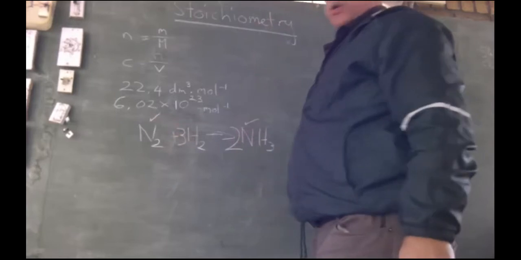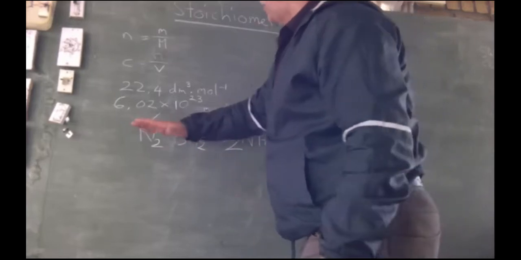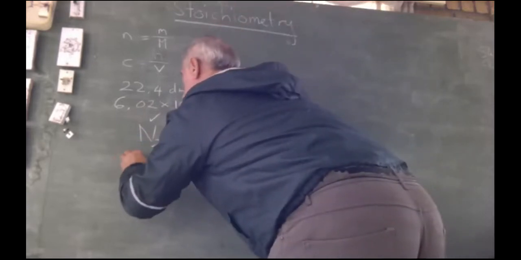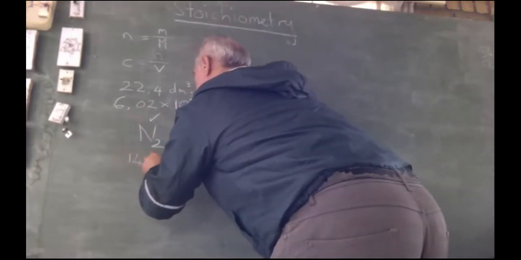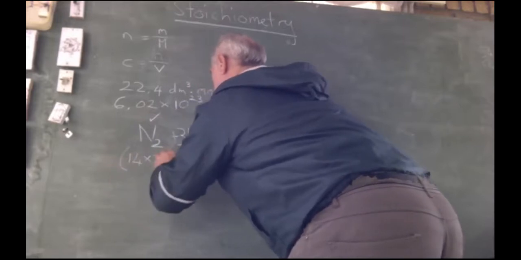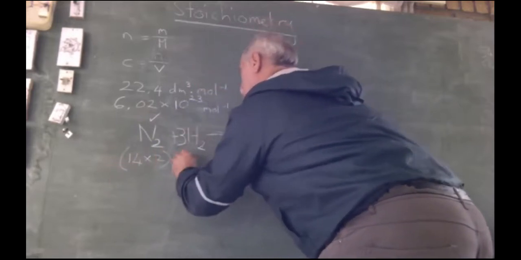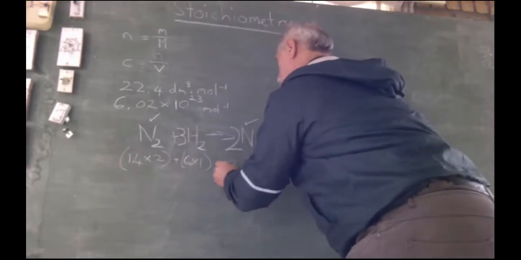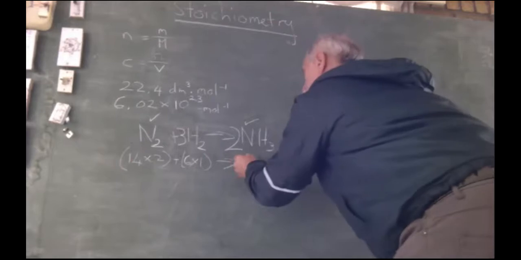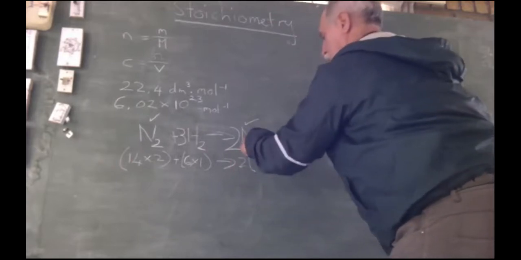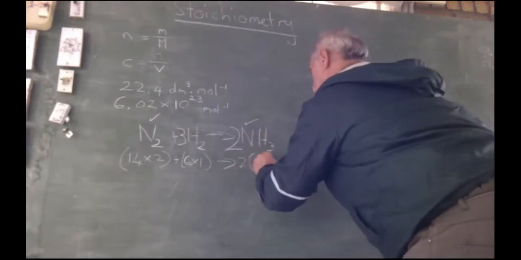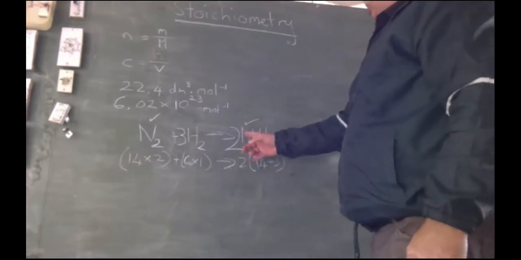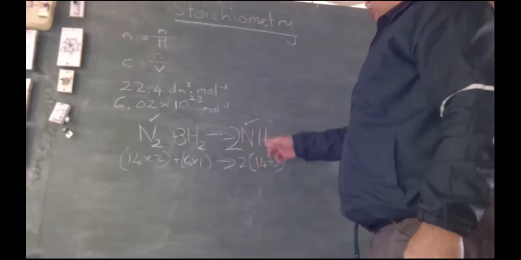Okay, that's step 1. Now step 2, let's find how much 2 nitrogens weigh. So it's going to be 14 times 2 plus 3 times 2 is 6 times 1 goes to form 2 times 14 plus 3. There's 2 lots of 14 for nitrogen, 3 for hydrogen.